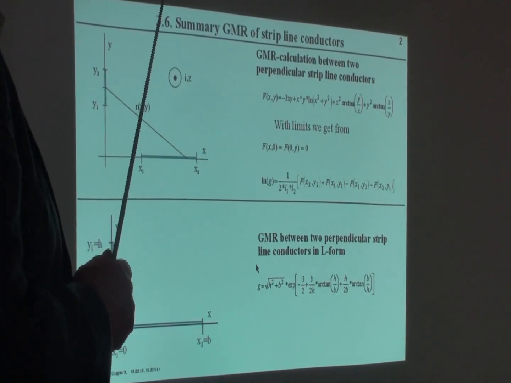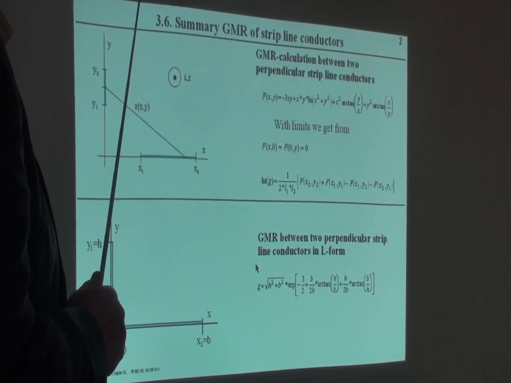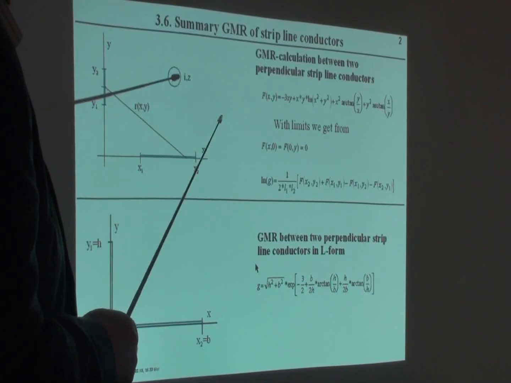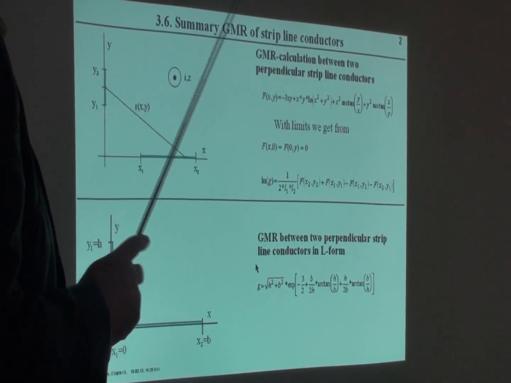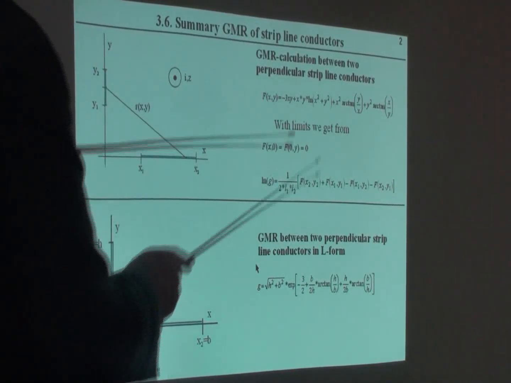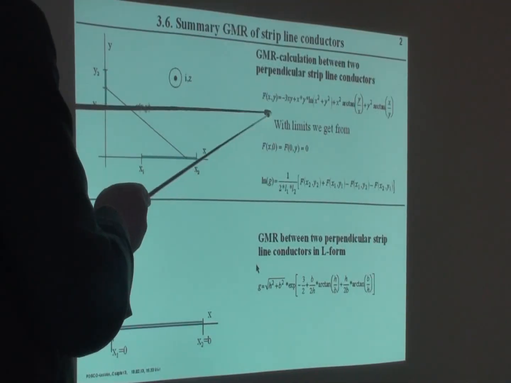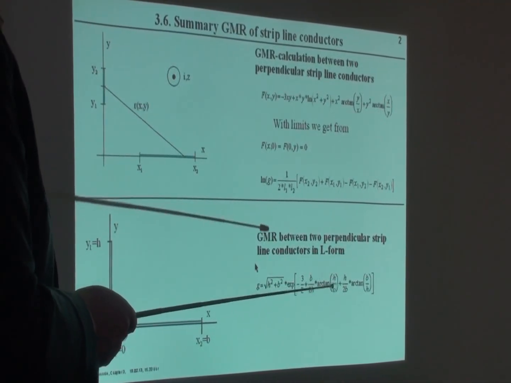This means L1 and L2 is this x line, x1 to x2, the length. And if one value is 0, then this expression would divide by 0, which is not allowed.